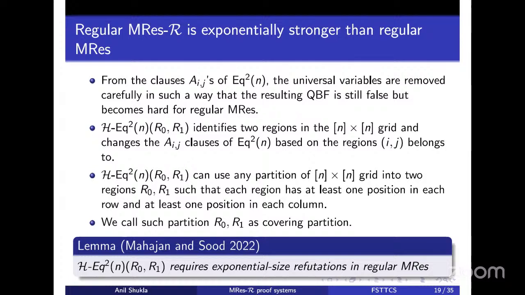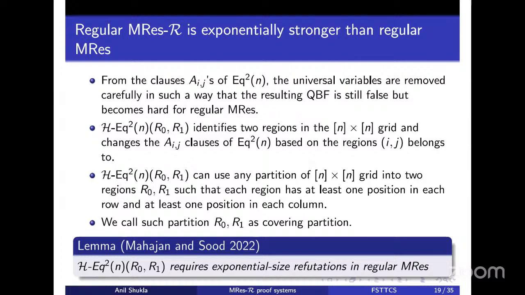That is, the winning strategy stays as it is, but it becomes harder for regular MRes. For that, they used a very simple trick: suppose an n cross n grid is there, we partition it into two regions, capital R0 and capital R1, in such a way that every region must have a cell from each column and from each row.